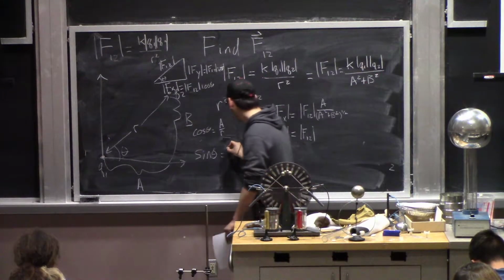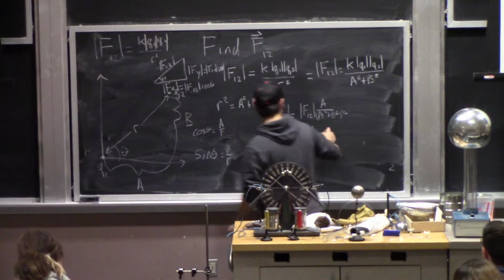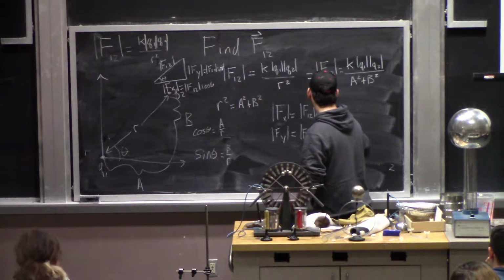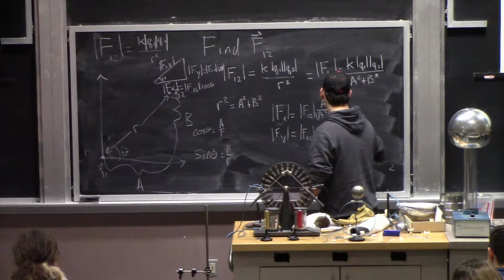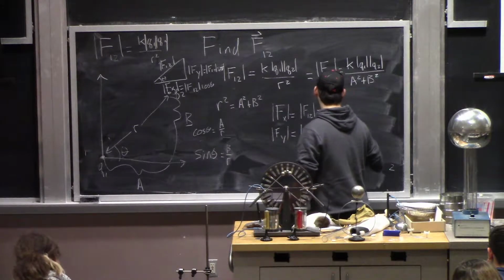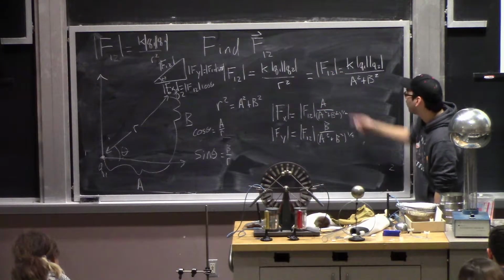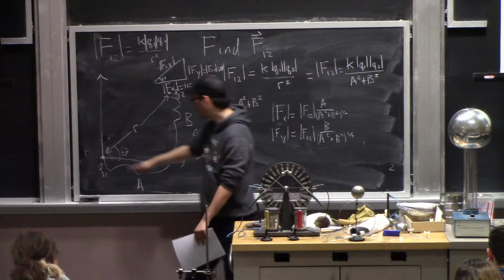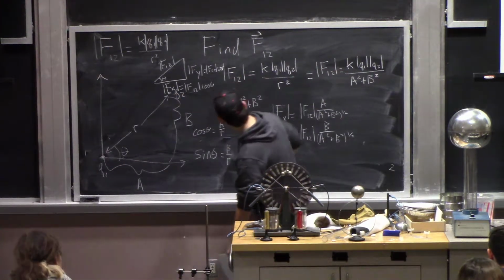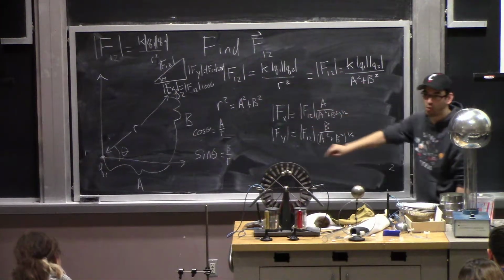B over R, and so this is going to be B divided by (A squared plus B squared) to the 1/2. Okay, so we calculated the magnitude of the force that Q1 exerts on Q2, and we've also calculated the X and Y components.